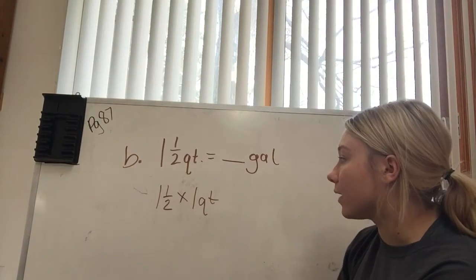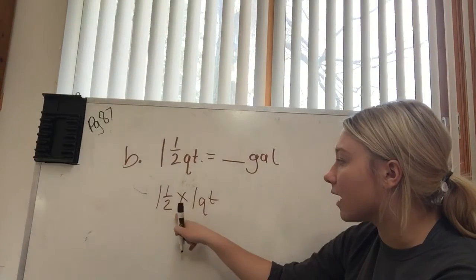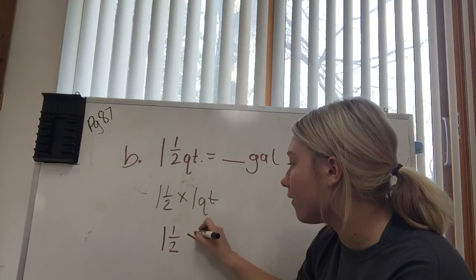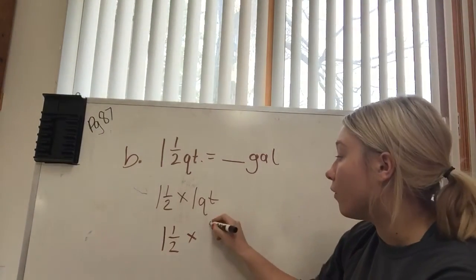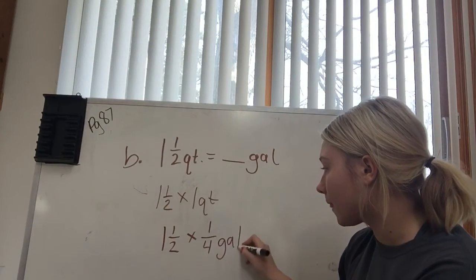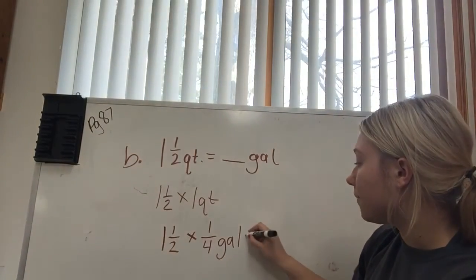So now that we've separated the unit, I'm going to take this 1 1/2 now, and I'm going to multiply it by what? Well, we said 1/4 gallon, right? Because we want to take this number and change it into gallons, okay?